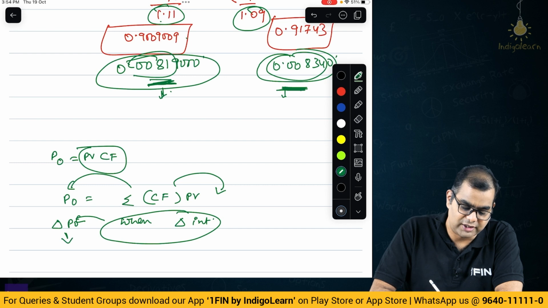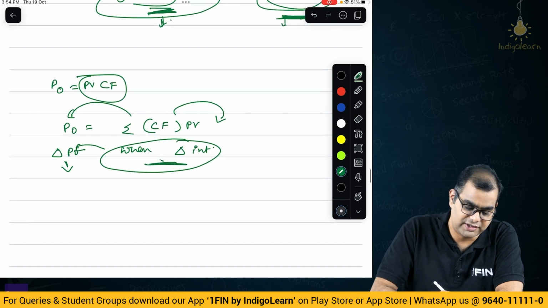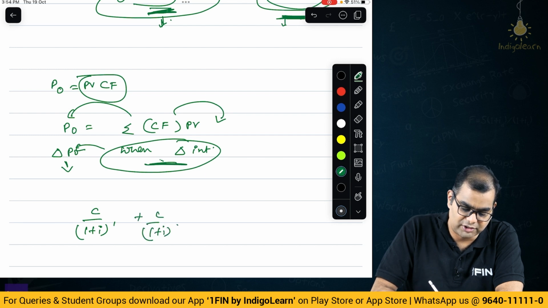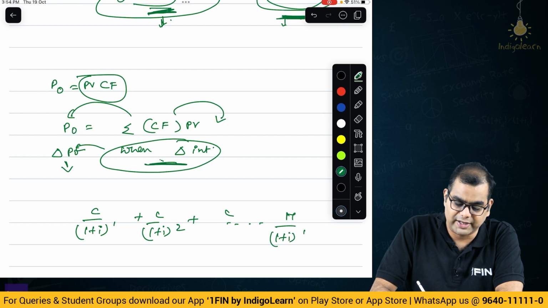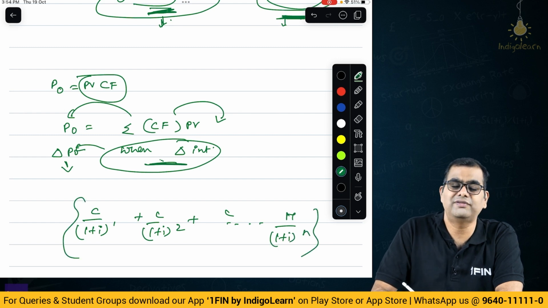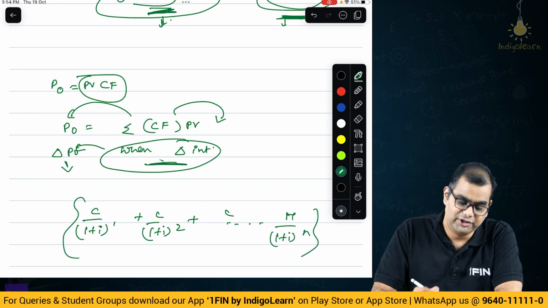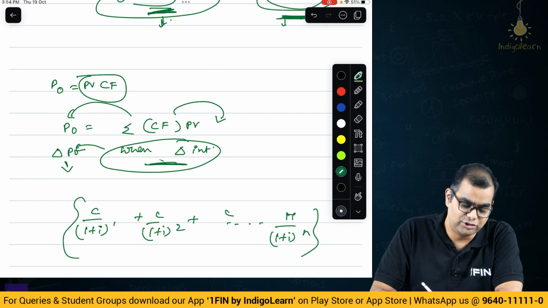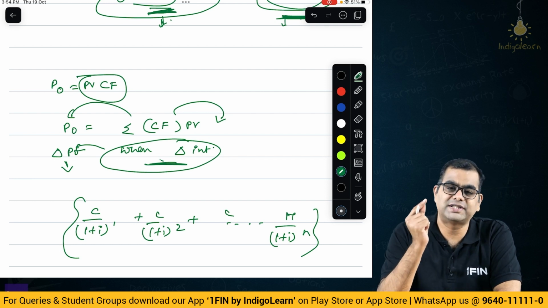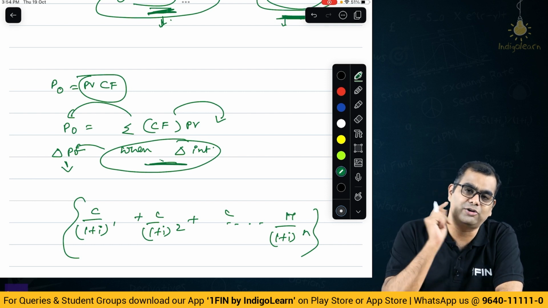This change is computed by differentiating this equation. What is this equation? C by (1 plus I) whole power 1, plus C by (1 plus I) whole power 2, plus so on and so forth, M by (1 plus I) whole power n. You are differentiating this equation with respect to I. When you differentiate with respect to I, you get, for a small percentage change in I, what is the impact on P0?